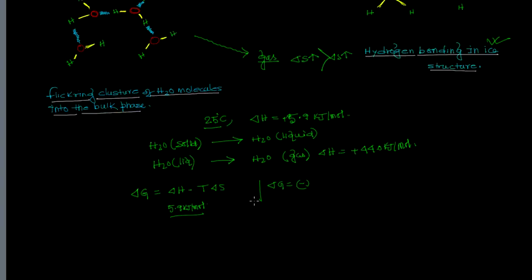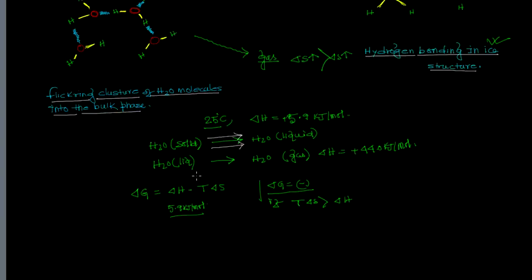So when delta G is negative, T delta S is greater than delta H, meaning T delta S has a large positive value, greater than the delta H of 5.9 kJ per mole. At this time delta G is negative and the reaction occurs spontaneously in the forward direction. It happens spontaneously at room temperature.